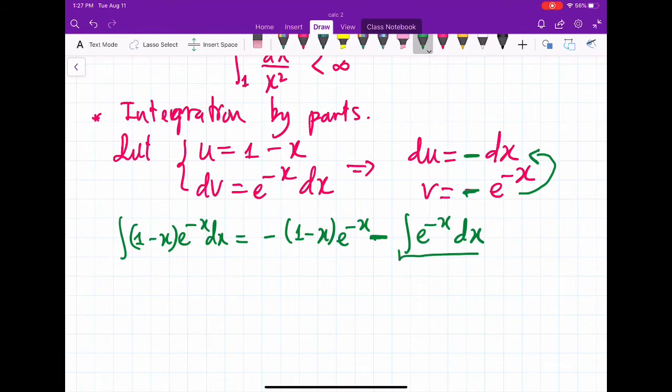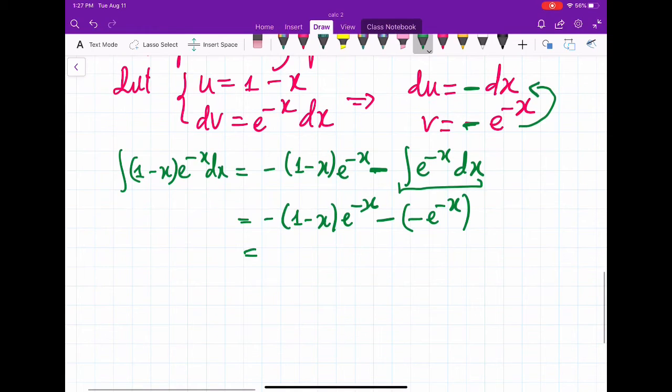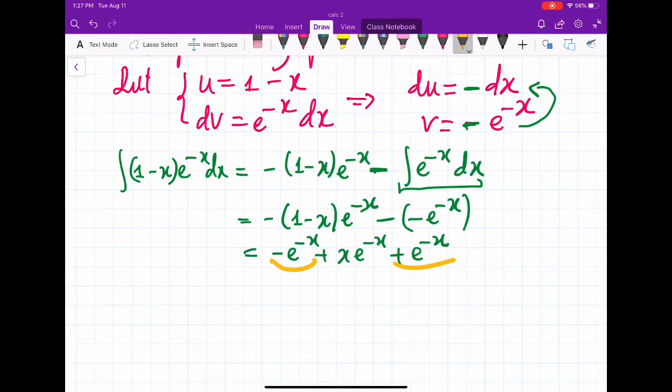And again, what is the antiderivative of this? That is negative e to negative x, right? And then you have negative this, negative (1 minus x) e to negative x. So you have negative e to negative x plus x e to negative x, and then plus e to negative x. These two guys will cancel out, and at the end you have only x e to negative x plus a constant.